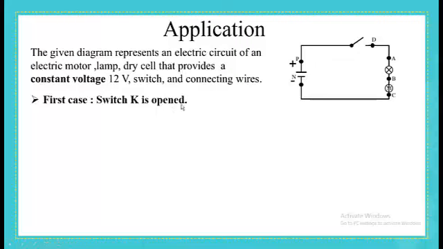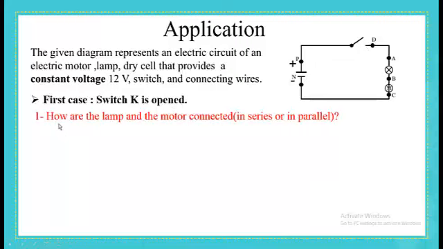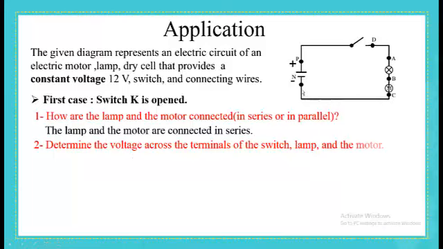The first question is, how are the lamp and the motor connected? It's a very simple and easy question. Yes, they are connected in series along the same single path. Now you have to determine the voltage across the terminals of the switch, the lamp, and the motor.